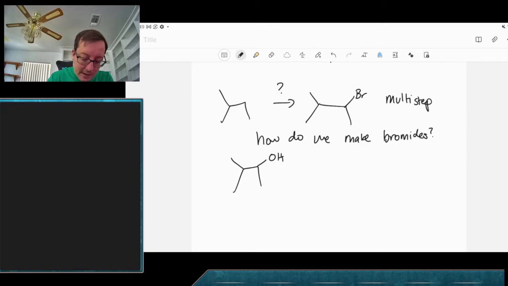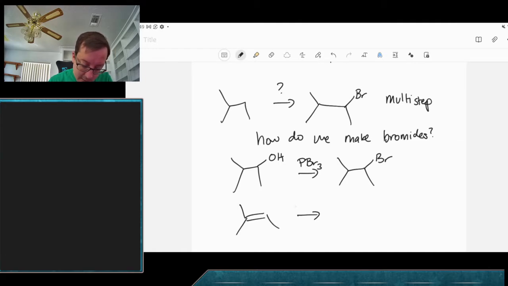We know we can take an alcohol, the hydroxide, and that'll get us the bromide. We also know we can take an alkene, and the presence of peroxides will get us there.